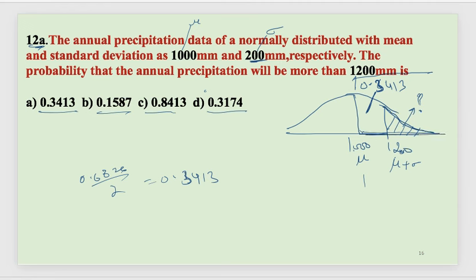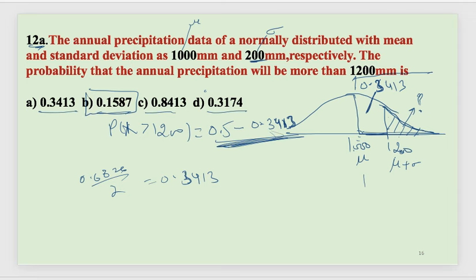I'm looking for the probability of x more than 1200, and this can be evaluated by just subtracting the value between 1000 and 1200, that means 0.3413, because in an MCQ we do not have to write all the things in a very detailed manner. We have to play with the numbers, and we should see what to add and what to subtract when we simplify it. So the answer comes out to be 0.1587. You can verify it, right?